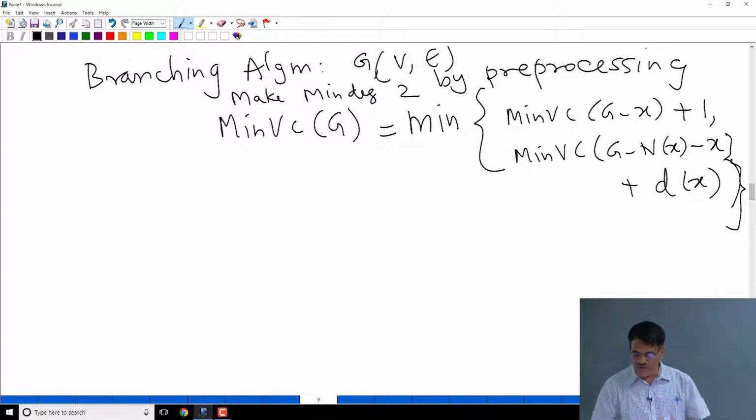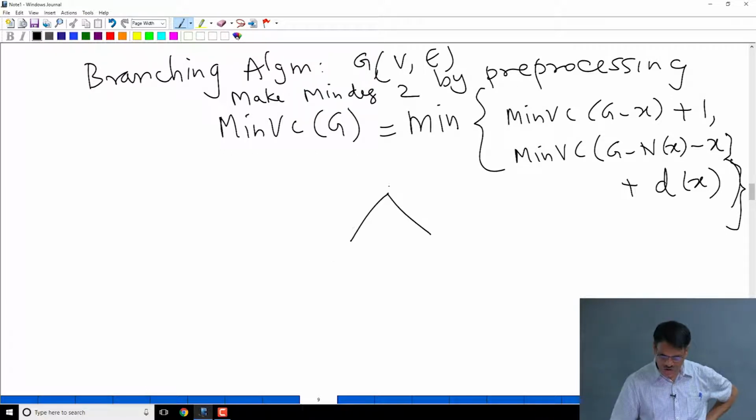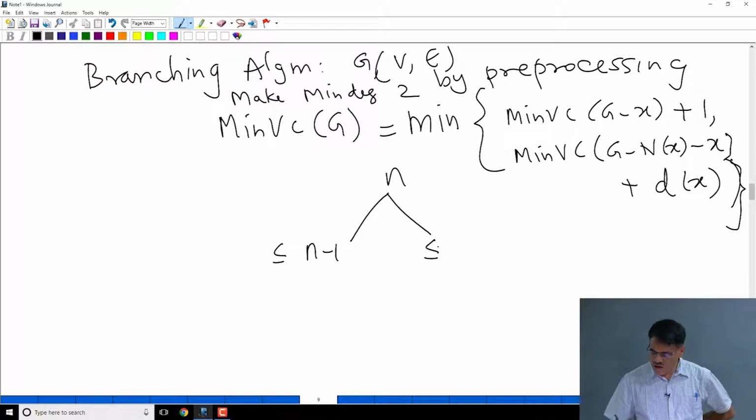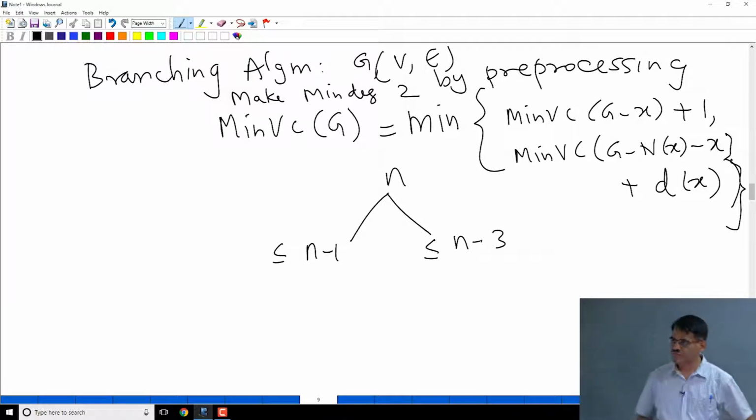So in this branch, I am throwing away one vertex. It's a recursive algorithm. If I start with n vertices, here it will be n minus 1, at most. Well, it's exactly n minus 1 here. There it's at most: I am throwing away 1 here and 2 there, so it's at most n minus 3.